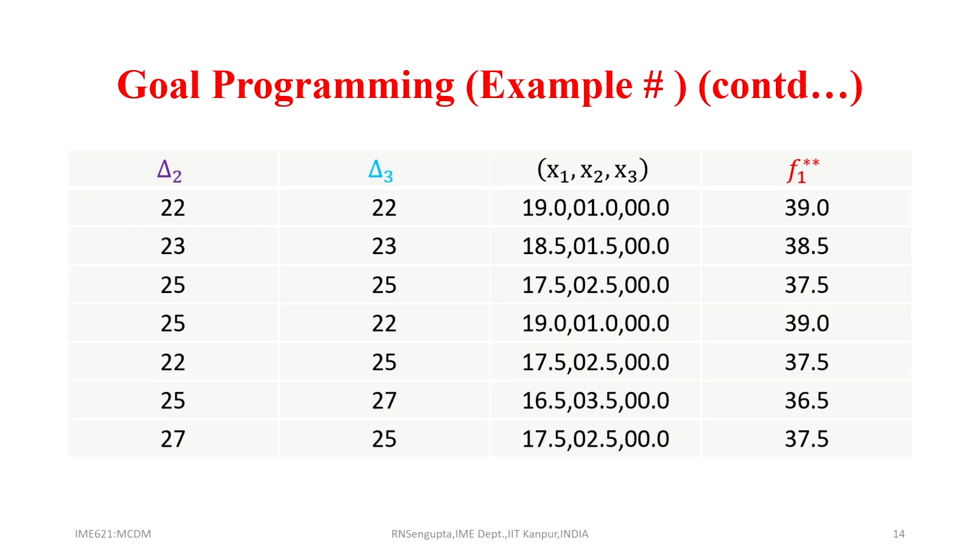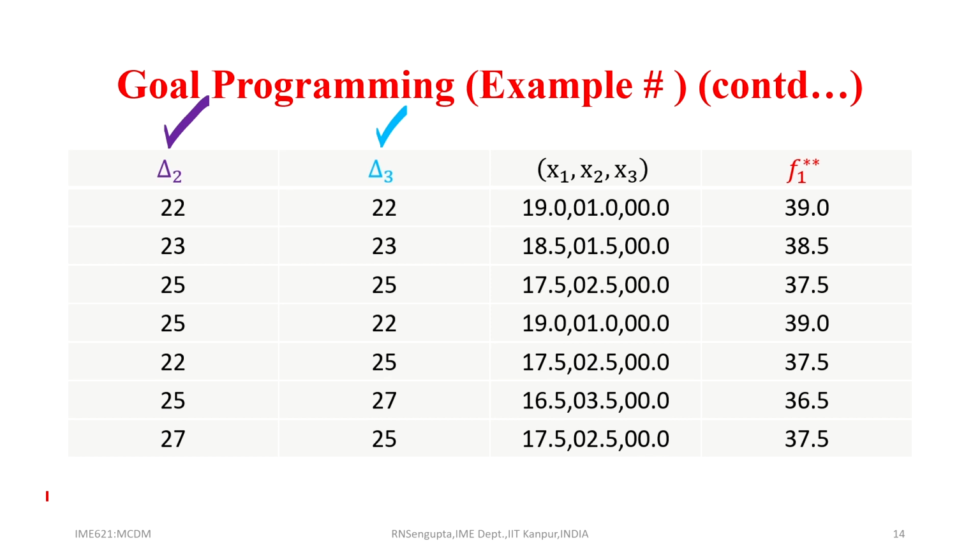Now, we solve it. If you remember, there were values of delta 2 and delta 3 which were corresponding to the second last constraint and the last constraint, second last being for the objective function 2 and last being for objective function 3. So, I have also continued using the coloring scheme as it is, delta 2 in violet, delta 3 in blue, and obviously the F1 double star.